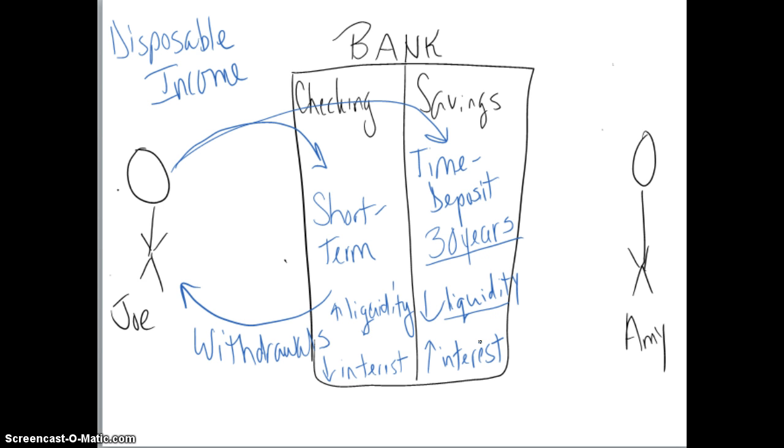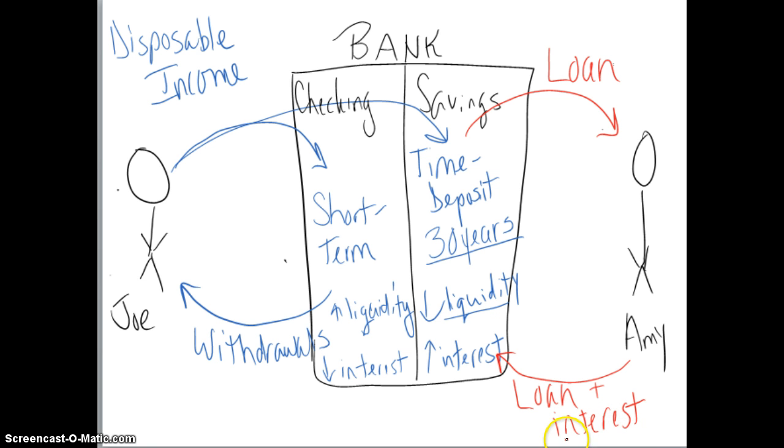Now, the reason why the bank offers higher interest for these types of accounts is because the money that Joe and all the other people who have different time deposits in our economy, that money is used to loan out to other customers like Amy, who might be coming in for a loan to expand her business, or for a loan for a car, for a house, for college education, etc. Amy will be periodically paying back this loan in monthly payments plus interest.